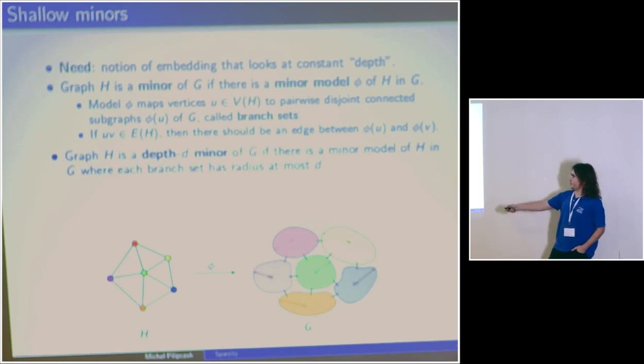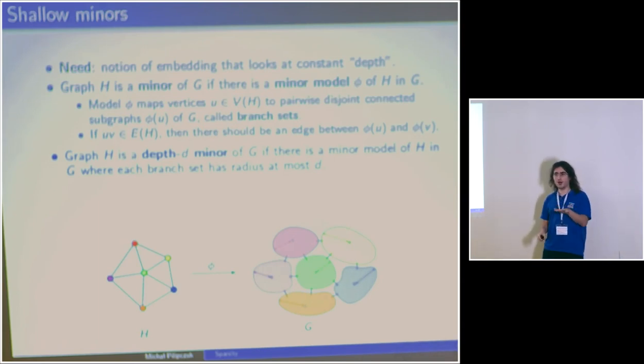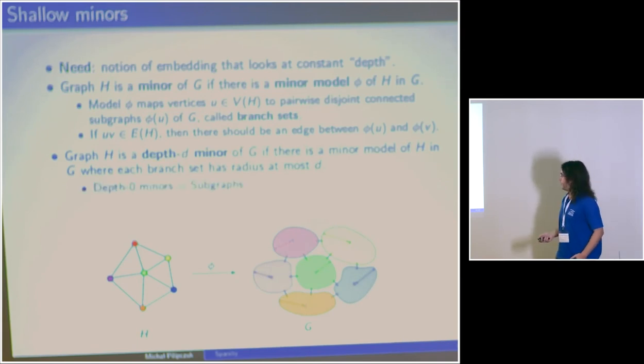Now I will say that this is a depth D minor model of H if basically the same definition holds, but these branch sets should be local, in the sense that they should have radius at most D. Yes? So this is a more restricted notion. I am only able to have local stains for every vertex. Yes? So this is our notion of local embeddings.